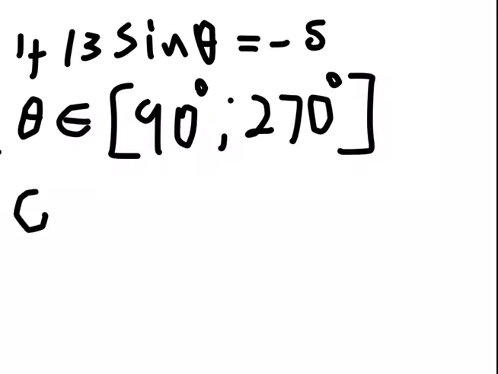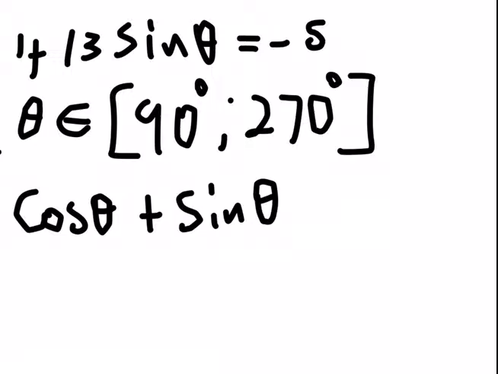What they want you to calculate is cos of the angle plus sine of the angle. The statement is the same. So they're just saying if 13 sine theta is equal to -5, and theta is an element of 90 degrees and 270 degrees, calculate without the use of a calculator and with the aid of a diagram the value of cos theta plus sine theta.